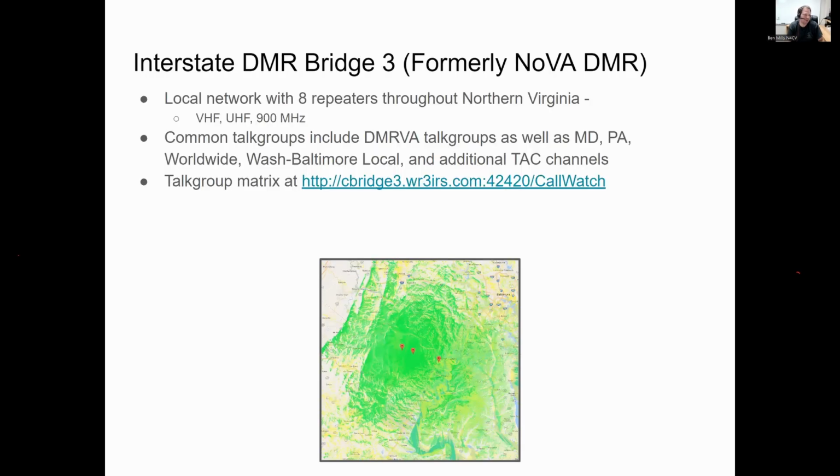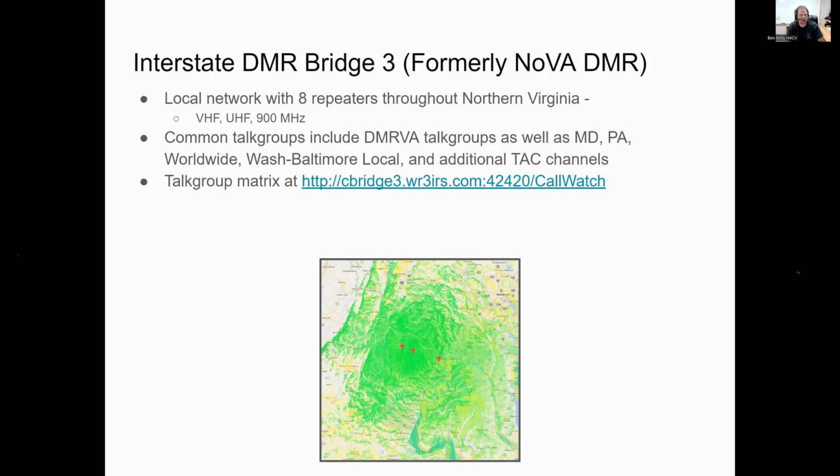And then the latest news as of this year is the folks that I work on DMR with in Northern Virginia have converted our own C-Bridge over and joined it into the Interstate DMR network, which I'll show you the link to in a couple of minutes.